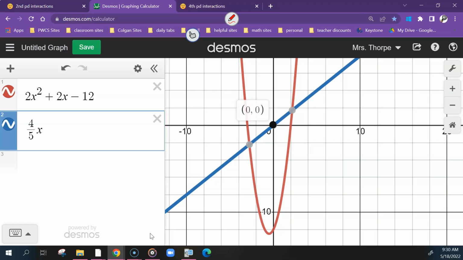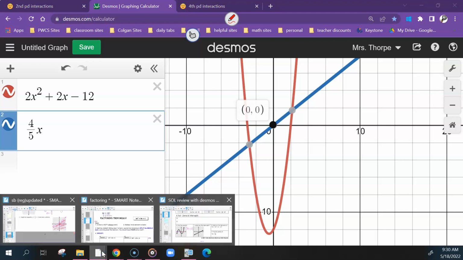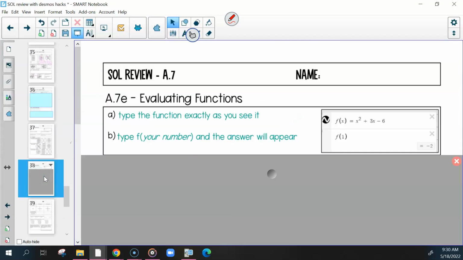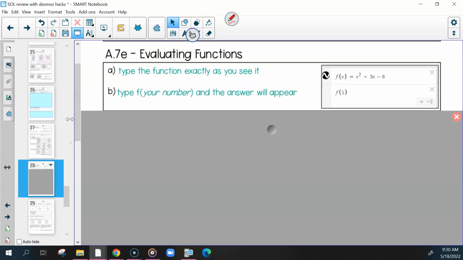Okay, next page. For evaluating functions, type the function exactly as you see it. Then in the next line, type f of whatever your number is, and it will answer.